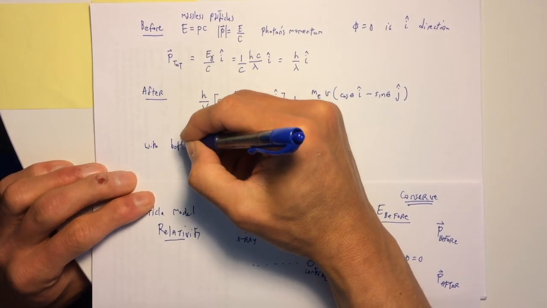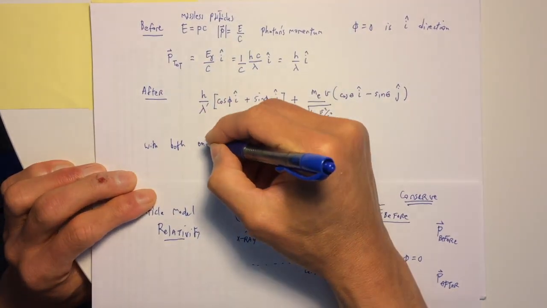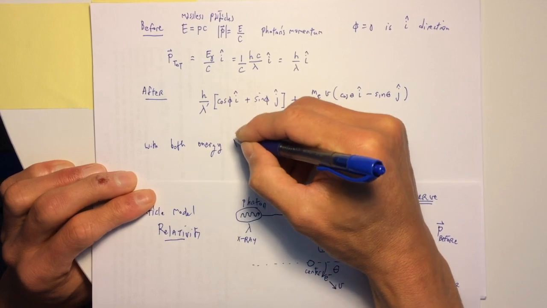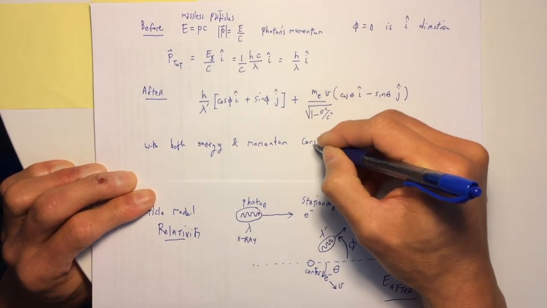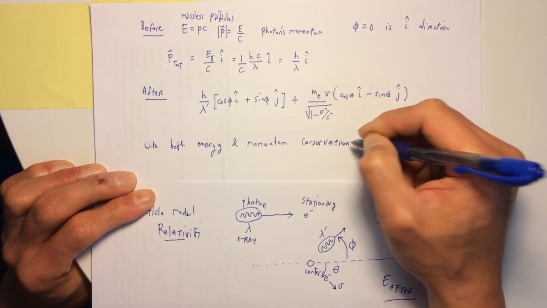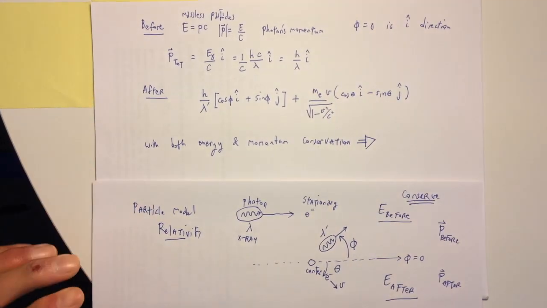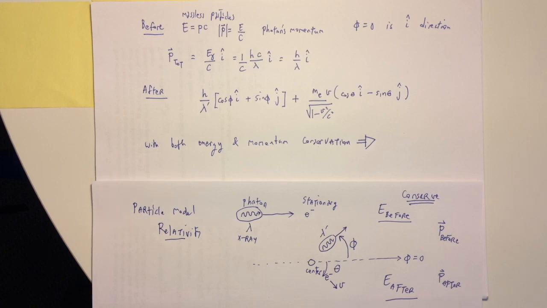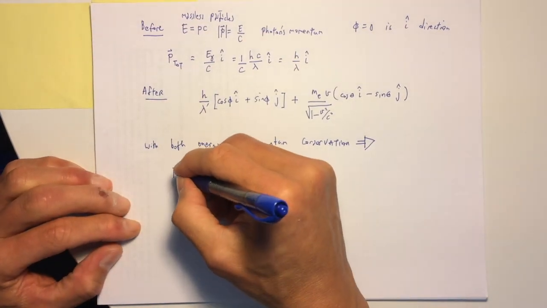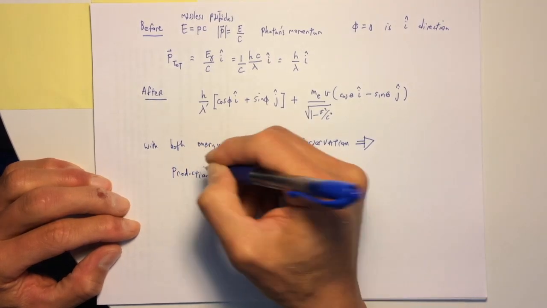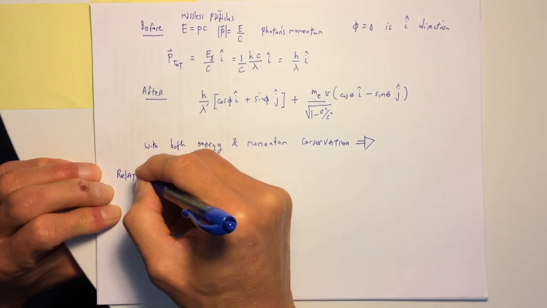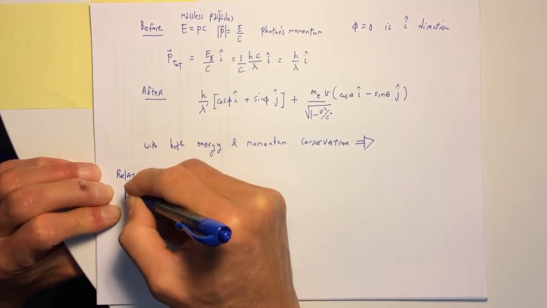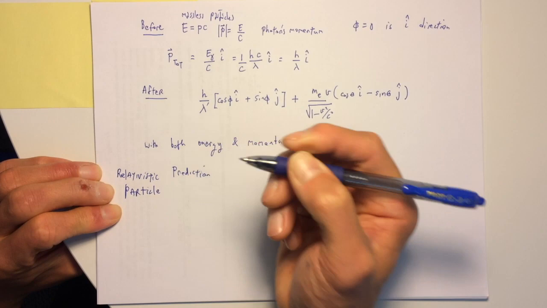Anyways, with both energy and momentum conservation, you can get the following relationship, which is really cool. It gives you a prediction. This is a relativistic particle prediction.